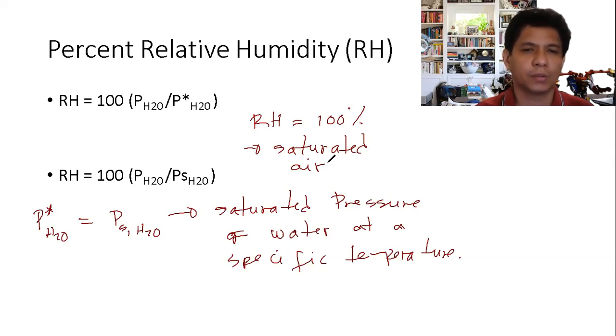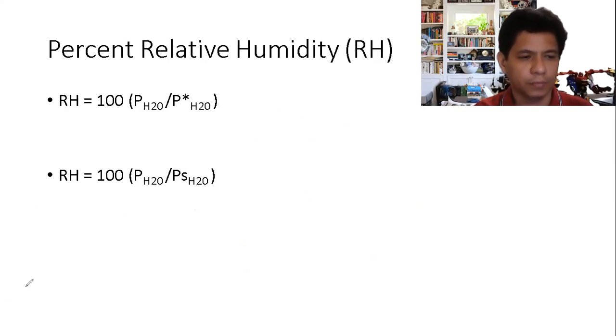Okay, so if you have the handbook, you can use it to find P star H2O or PSH2O, or I'm going to send you a scan of the steam table. I hope you can read it.